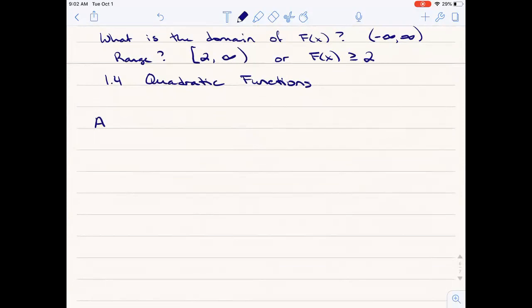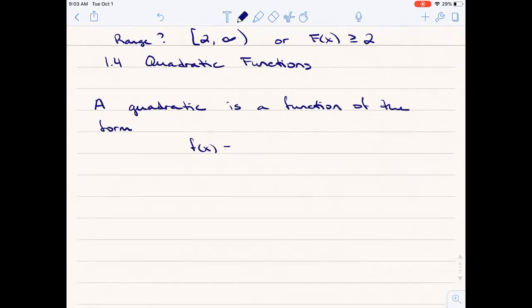A quadratic function, or a quadratic, is a function, let's say, of the form f of x is ax squared plus bx plus c.